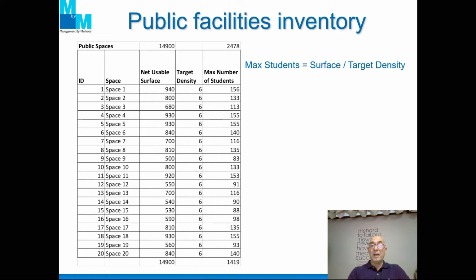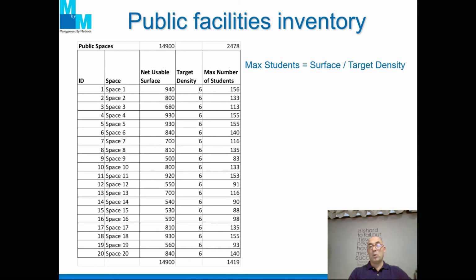Then we need to analyze in the area all the possible spaces owned by the state. So we will go to our city government and ask to analyze all the data to see what the available spaces are between museums, city halls, and the like. For each space, we'll try to define the net usable surface footage. Then by dividing it by the target density, for each space we'll have a maximum number of students that we could move from one school or multiple schools to this space.